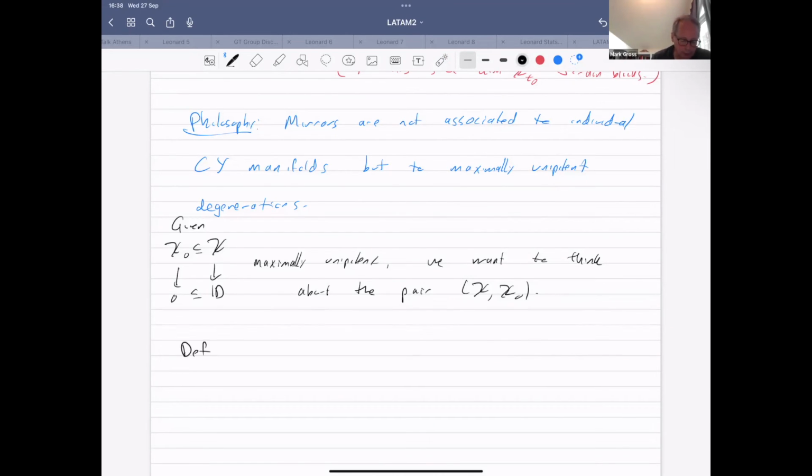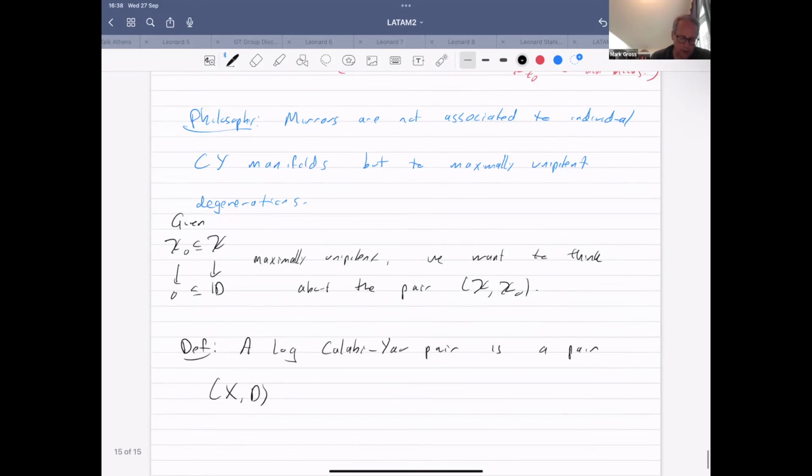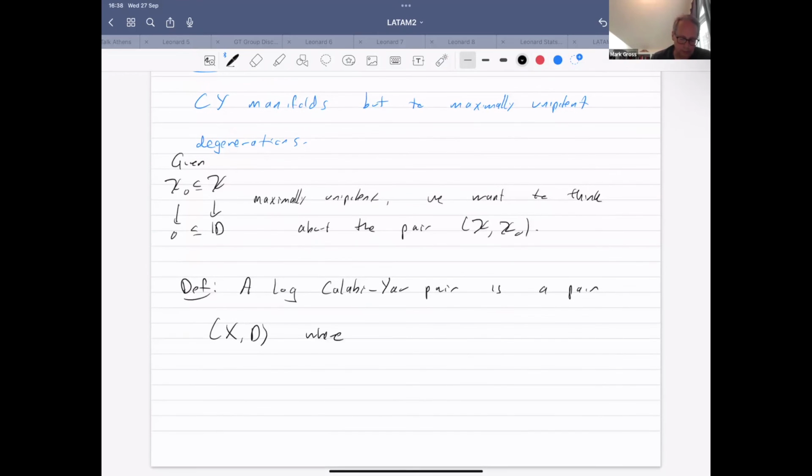So let me give the definition of that. A log Calabi-Yau pair is a pair (X, D) where, first of all, X is a non-singular projective variety.